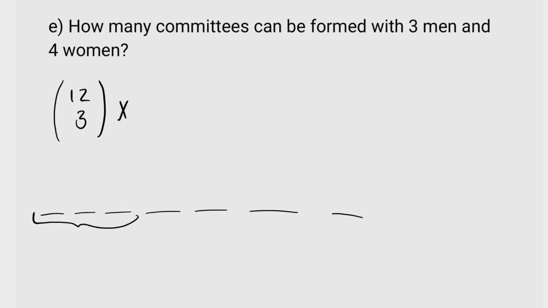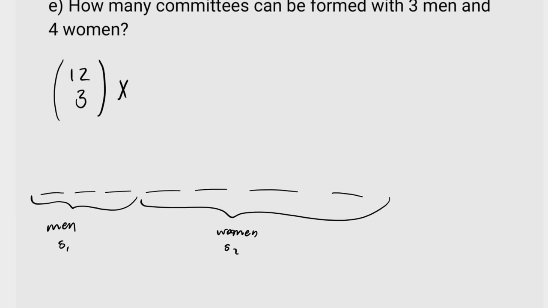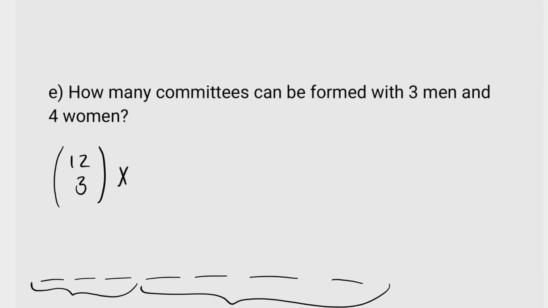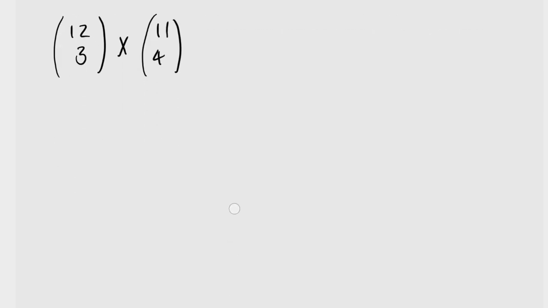We break it down into 2 steps: choosing the men is step 1, and choosing the women is step 2. You can work that out yourself using the formula.